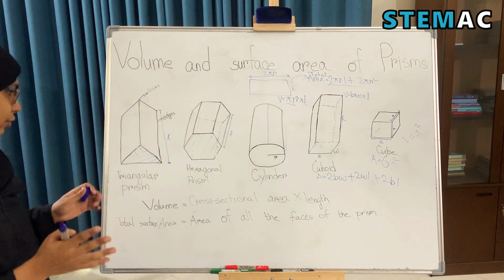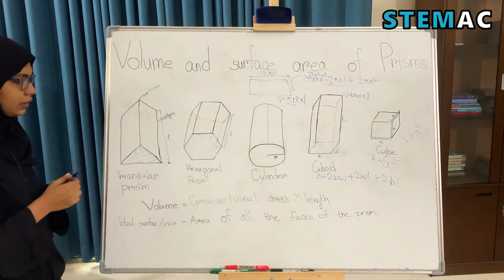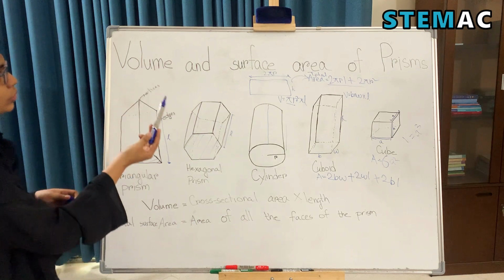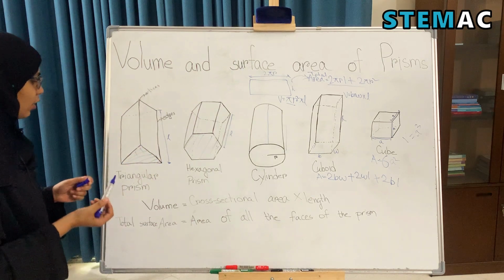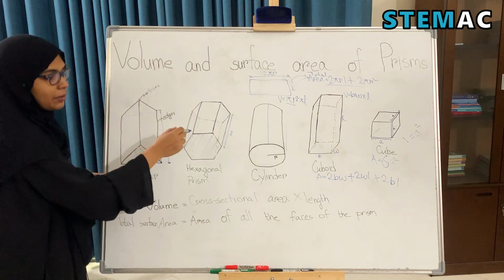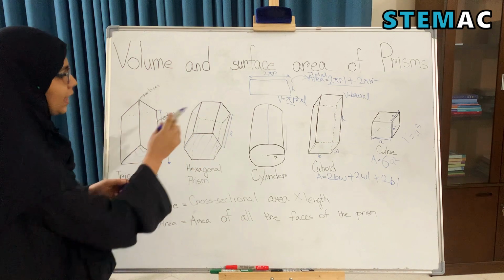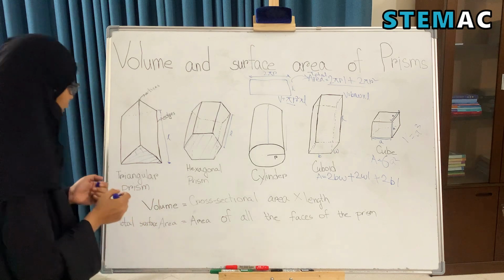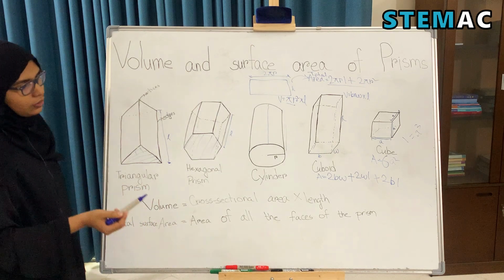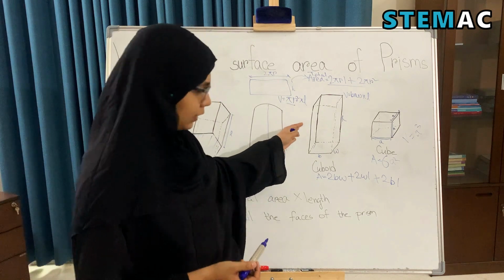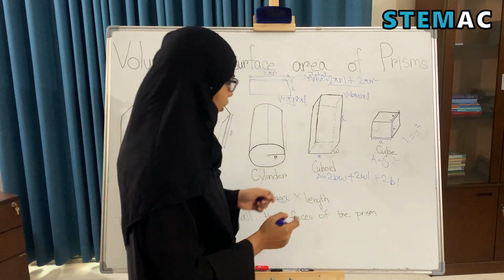You might have noticed by now that we can also write the area of prisms as the perimeter of the cross sectional shape multiplied by its length. Let's take this as an example.